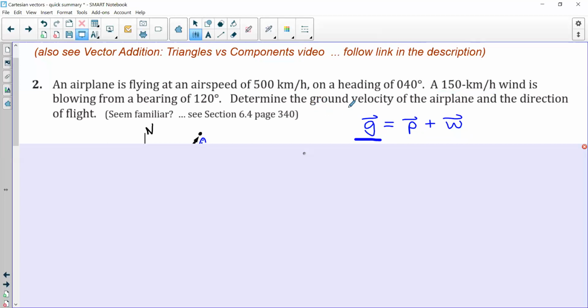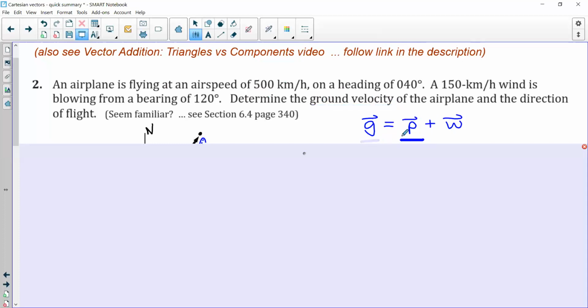And again, think of it as running underneath the aircraft, and that would give you the resulting value. Okay, so this is a very powerful tool, especially if you get questions where you're given information regarding the ground velocity or ground speed. So if you're given the ground speed and you're asked to find the plane's velocity, you can still use this equation, but think of this like a grade 9 technique.